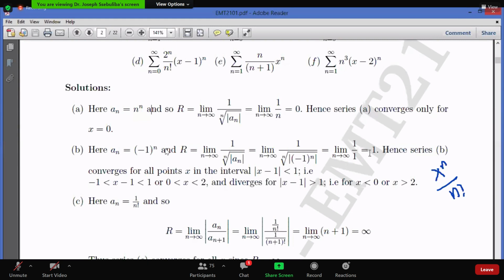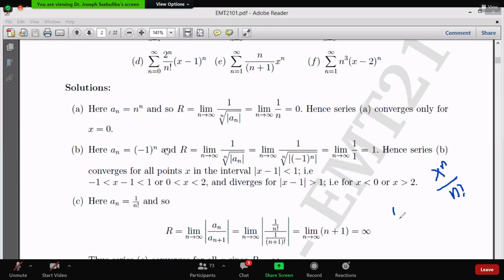For that to come to that, we have, okay, what we have is 1 over n factorial. And we are dividing this by 1 over n plus 1 factorial.